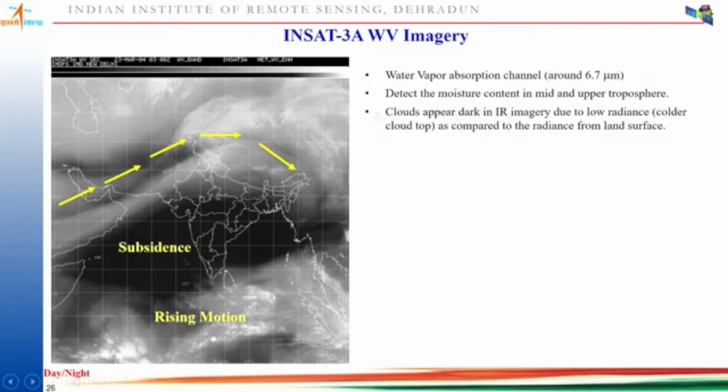Similarly, the cloud having more water vapor will have low temperature. So it means the emission will be low, so it will be dark. But for easier interpretation, we have inverted the image, similar to the infrared imagery. So here also we have done similarly.